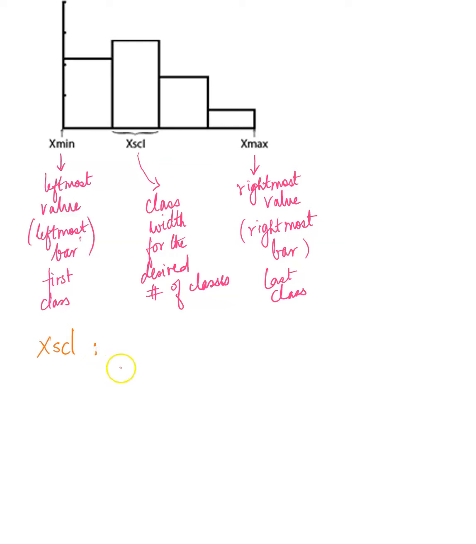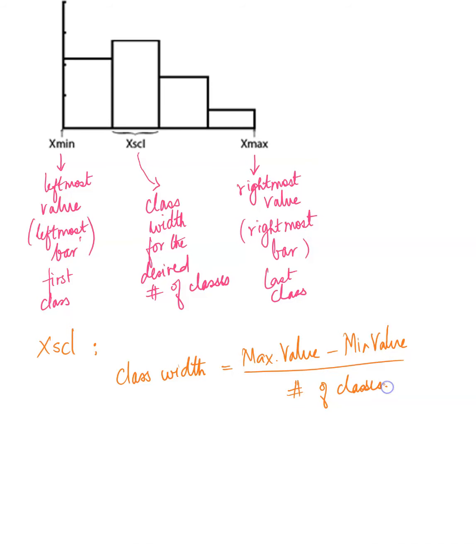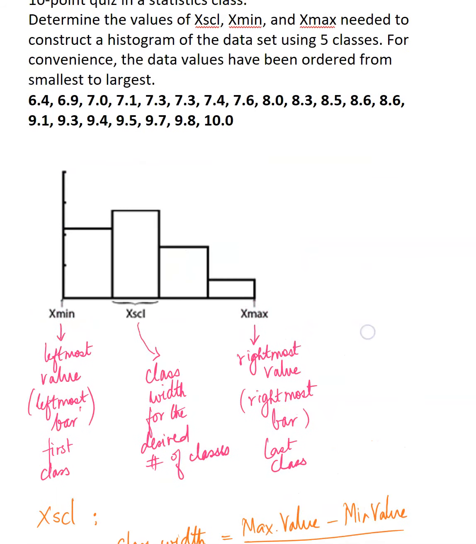That's your class width, isn't it? So class width by formula, we saw that in the other lecture, right? Class width is maximum value from the data set minus minimum value divided by the number of classes. So the maximum value, because it's arranged for us from smallest to largest, it's a lot convenient.